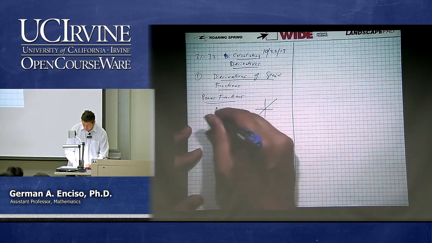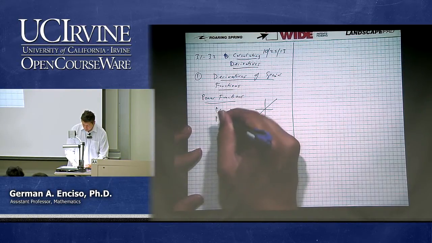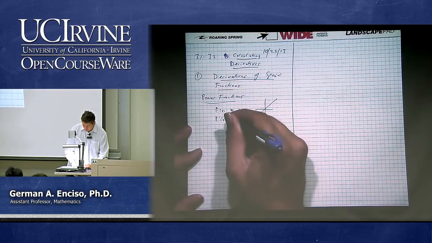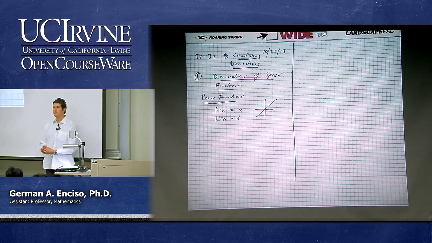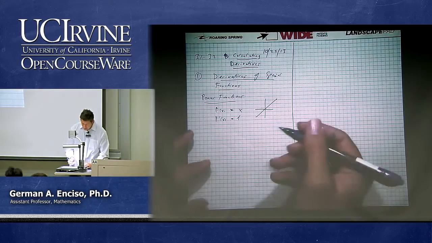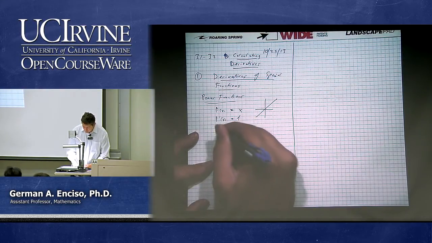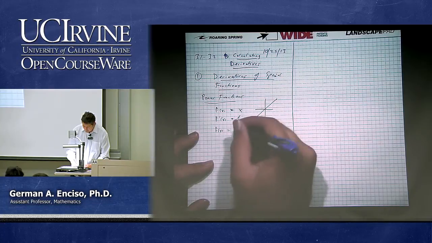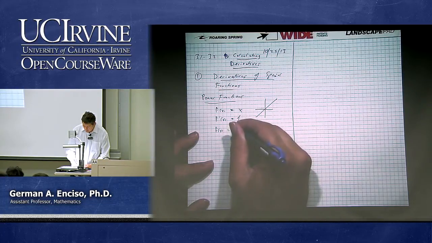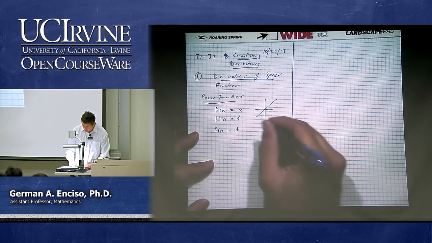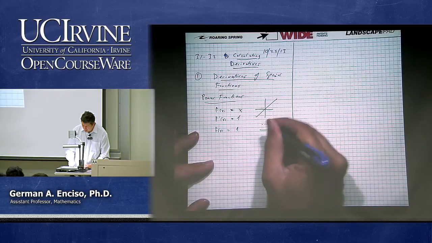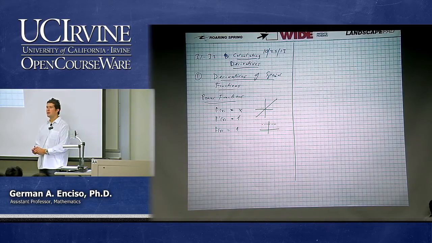So the derivative, f prime of x, is equal to 1. Okay? Great. What about the function f of x equal to, let's say, 1? That function is constant equal to 1. Okay? So the derivative is 0. That's right.